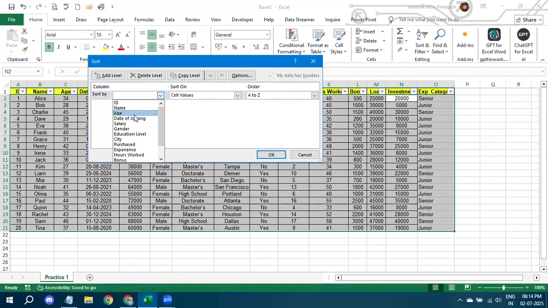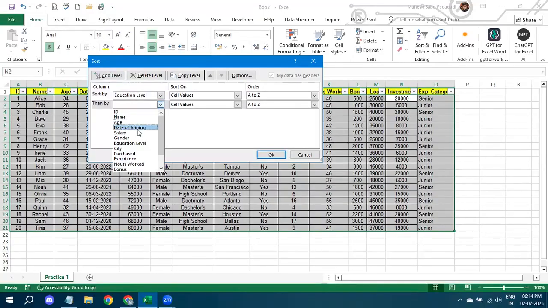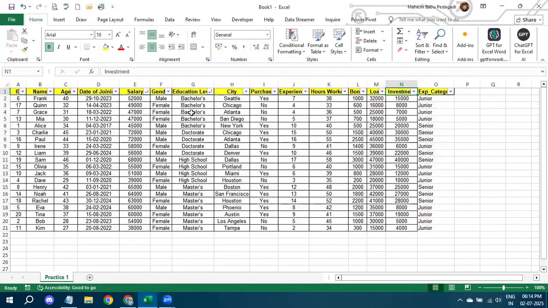Sort by, for example, education level, A to Z. You can add another level, then go by salary, largest to smallest.